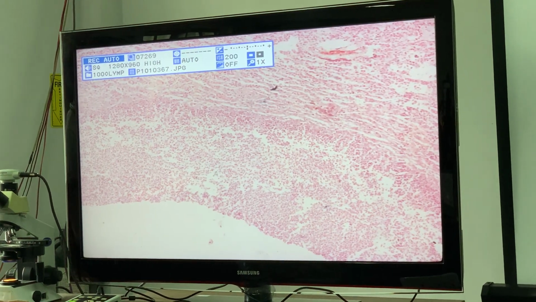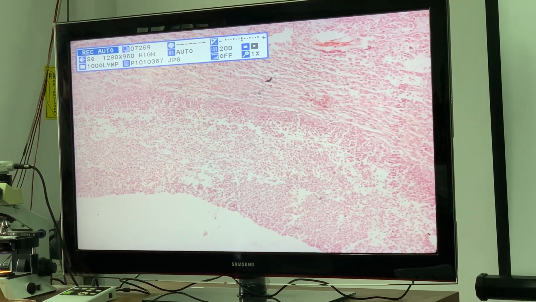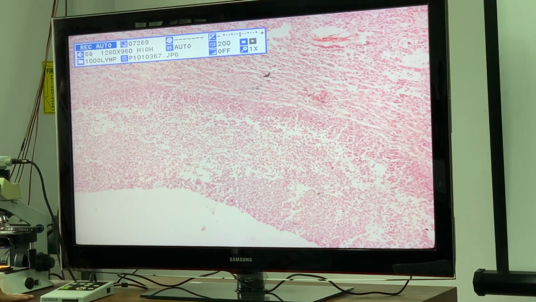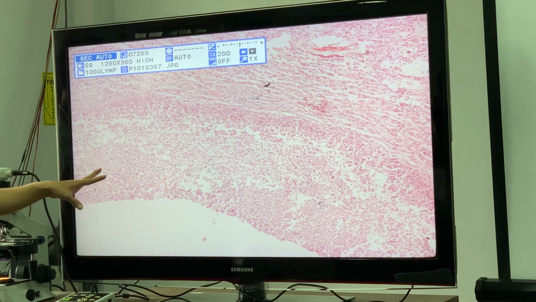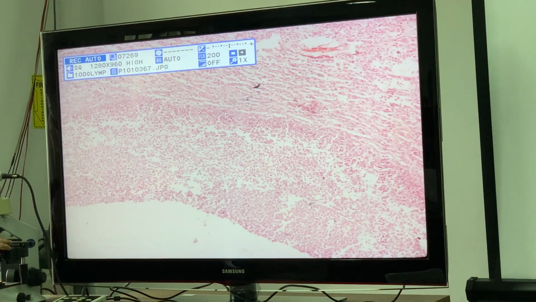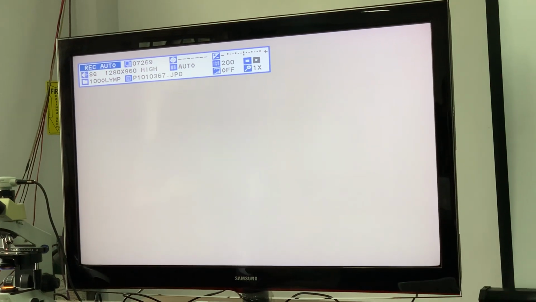No architecture. It's liquefactive necrosis. Okay, liquefactive necrosis. This is an abscess of the lung. Lung abscess. That's full of pus inside.